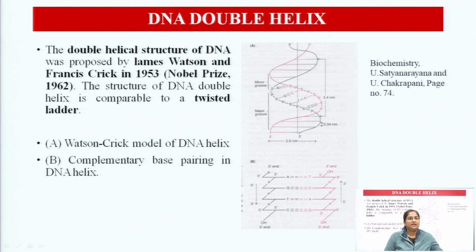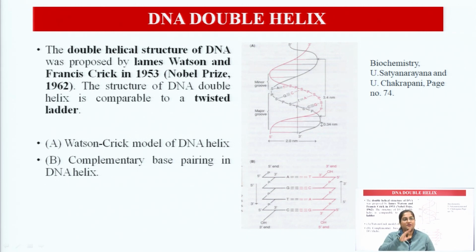Okay. Then DNA is a double helical structure, which was given by Watson and Crick. We studied many times the Watson and Crick model of the DNA helix. It was given in the year 1953. They got the Nobel Prize for this in 1962, and the structure of DNA is double helical. You can see the structures.